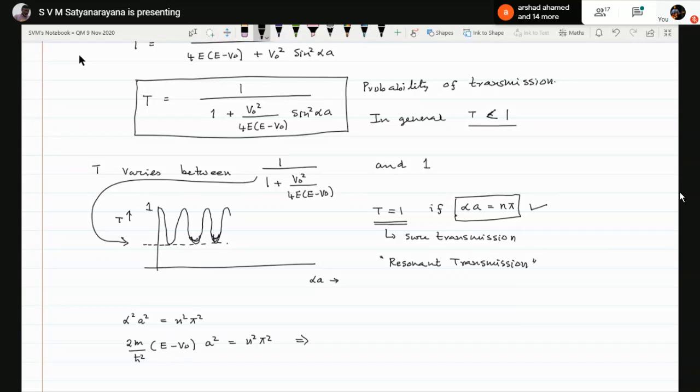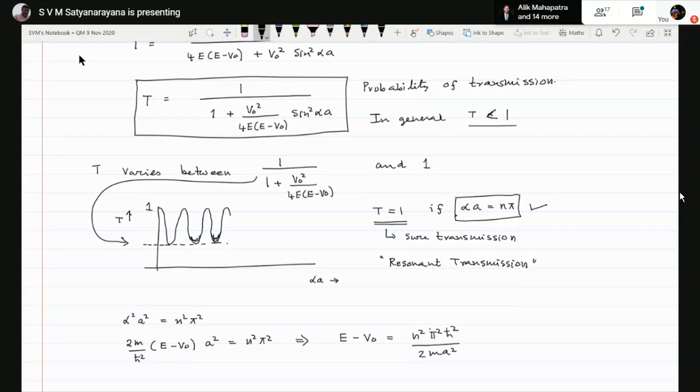Or in other words, I can write this. Okay, so let me write this one as E minus V naught is equal to n square pi square h bar square by twice m A square.